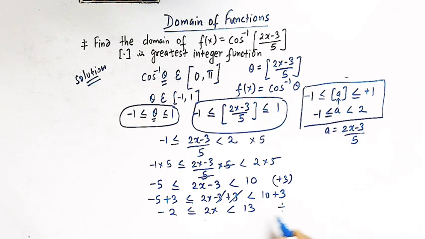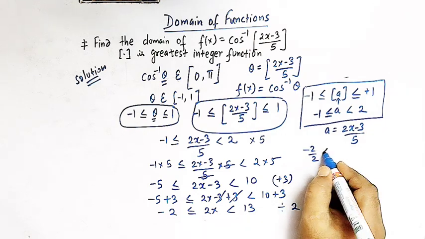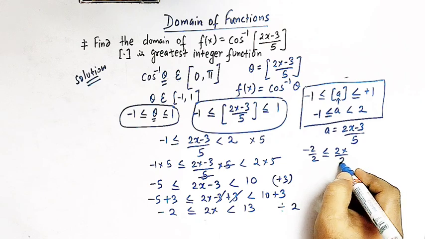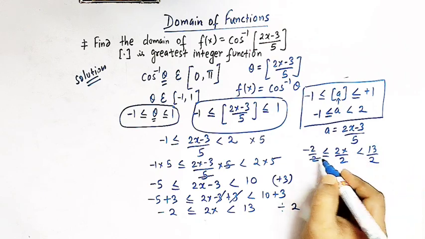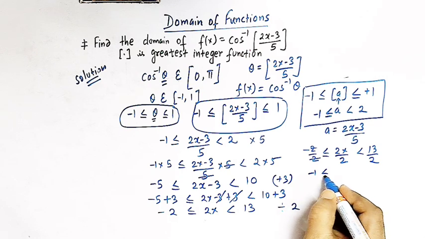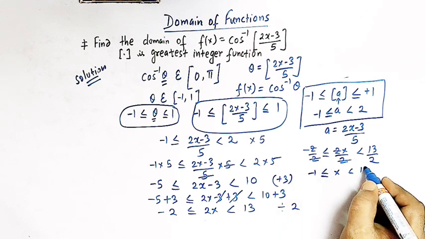Now let us divide throughout by 2. So we have minus 2 over 2, then here we have 2x over 2, and here we have 13 over 2. So this 2 and this 2 get cancelled, and here we have simply x.